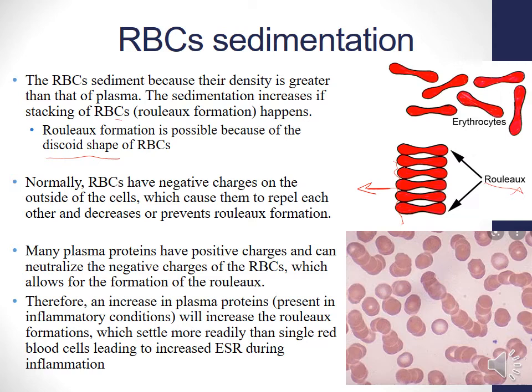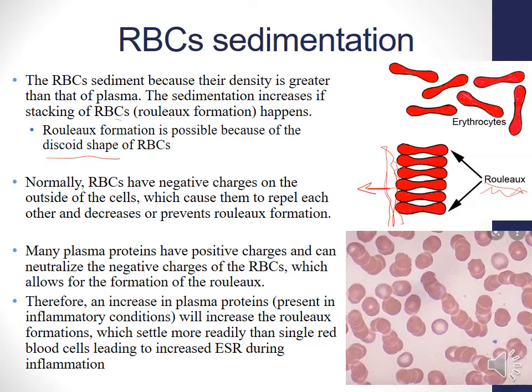This will sort of neutralize the negative charges of RBCs, and it will allow the RBCs to stack on top of each other like this and form the rouleaux formations. Now, when RBCs are stacked like this, their sedimentation will be faster, okay, because now they will be heavier and they will sediment faster. So this is what happens.